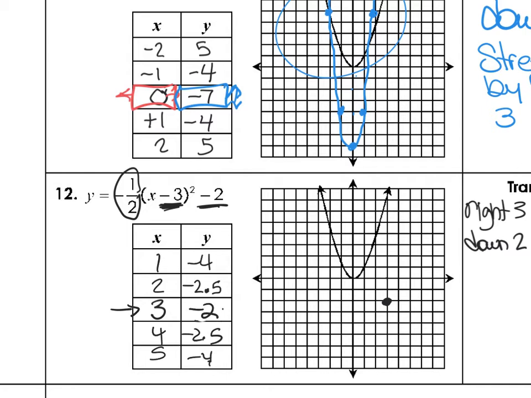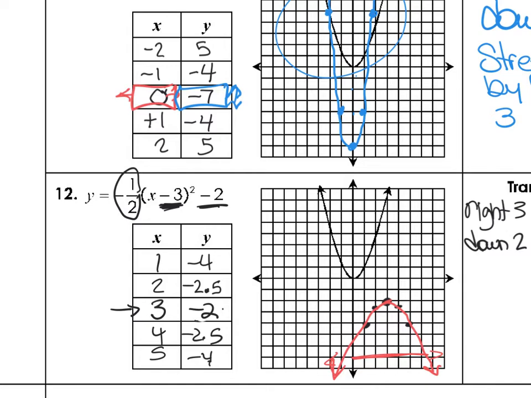So if I graph these points, I got 1, -4, 2, -2.5, which is halfway. Same here and here. So now this graph is going to look like this. So it's wider, right? It's getting wider as it moves out. It's kind of like somebody sat on it and squished it out.